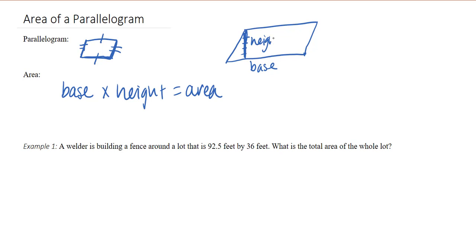This is our height. Now, it looks kind of weird, right? But if you were to, say, take off this section right here, and then just move it to right here, right?